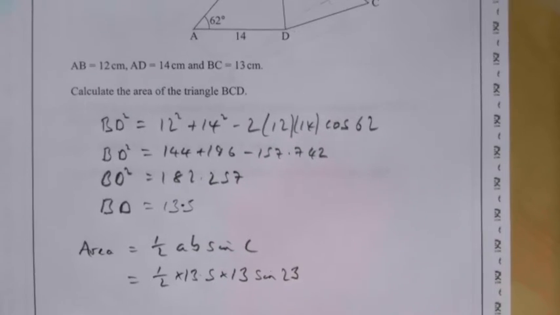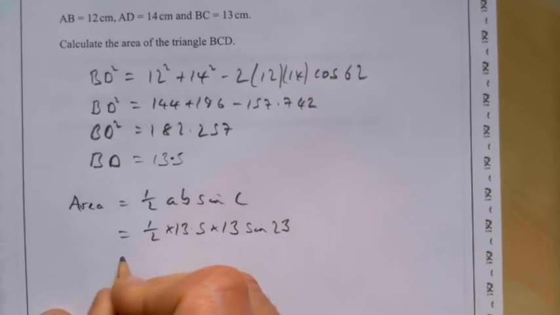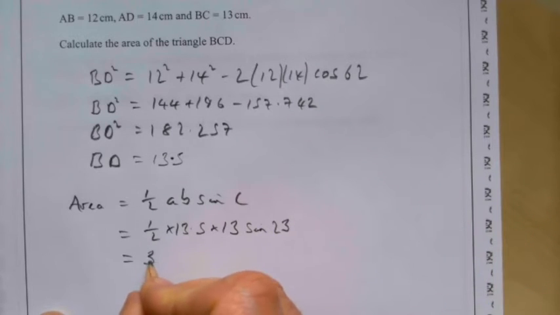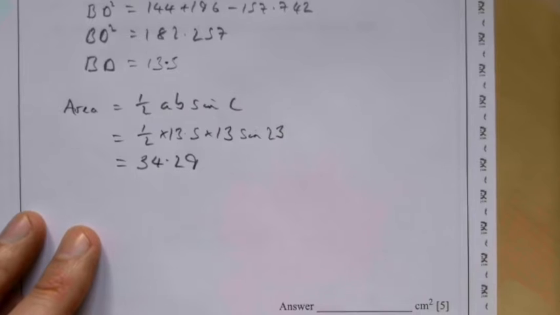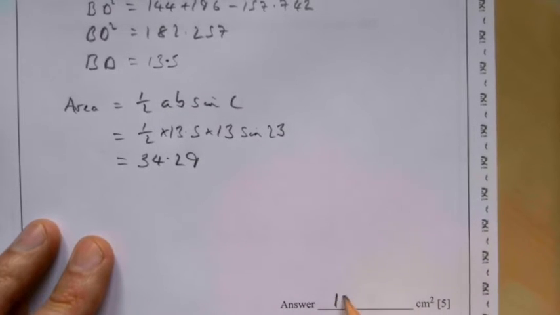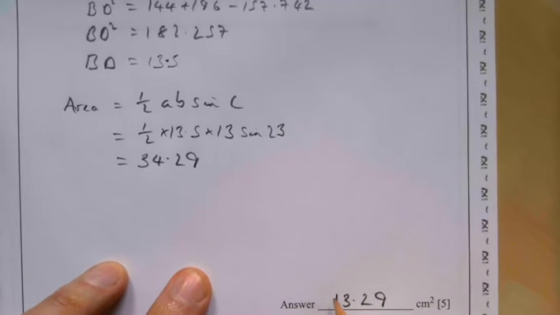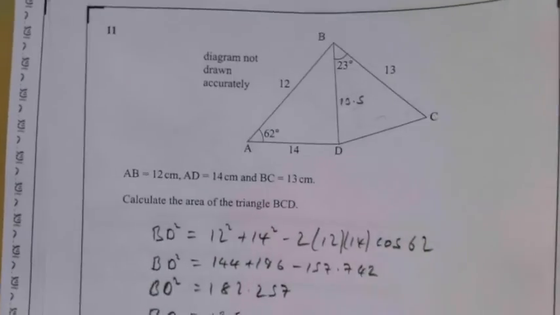And you put that into your calculator and we get 34.29. So 34.29 is the area of the triangle. That's written wrong, apologies. 34.29.